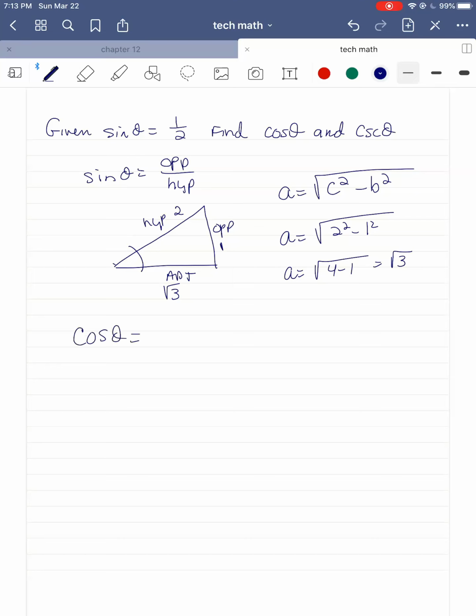So this problem only wants me to find cosine and cosecant. Cosine is adjacent over hypotenuse, so it's going to be root 3 over 2, and cosecant is the reverse of sine, and sine is opposite over hypotenuse, so this is going to be 2 over 1, which is just 2.